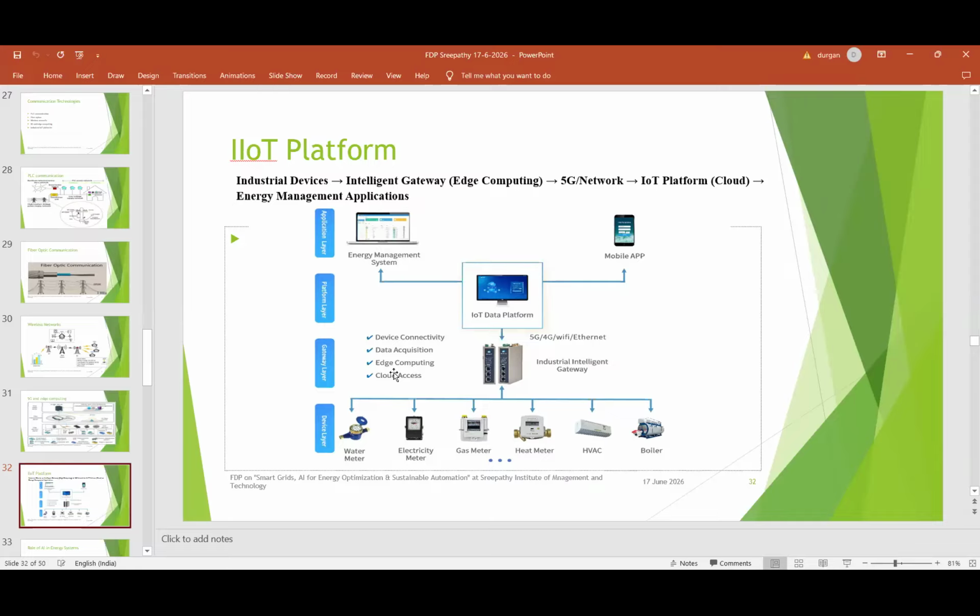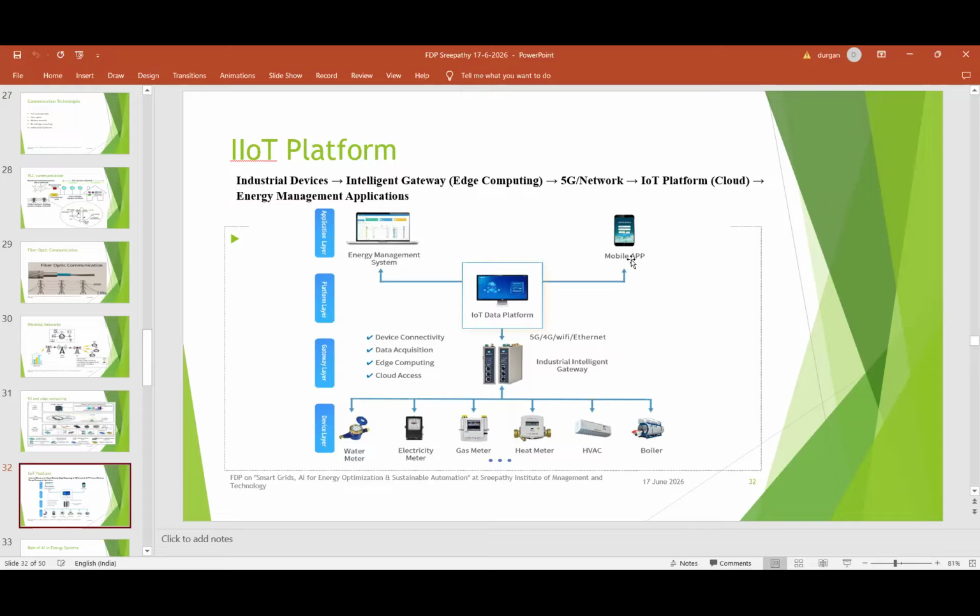Then the IoT platform. Here all the sensor data is integrated, via the communication path, the internet. Next is the energy management system, and the mobile app is given.